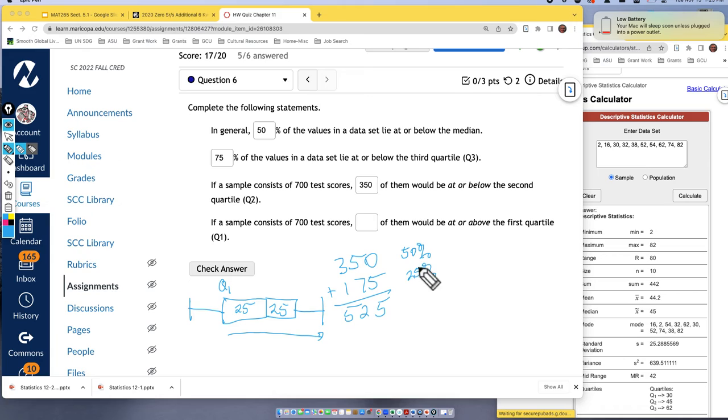So that's where I got the 50%. That's the 350. And here's another 25%. So if 350 is 50%, half of that would be 175. And then if we add them together, another way you could have just done this is say 700 times 0.75, which is 75%, you'd get that same answer, 525.